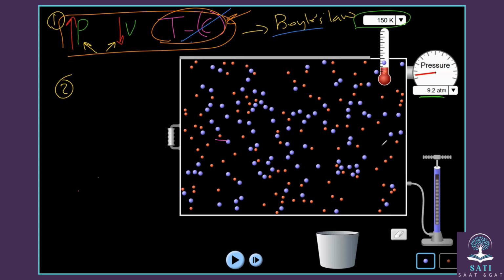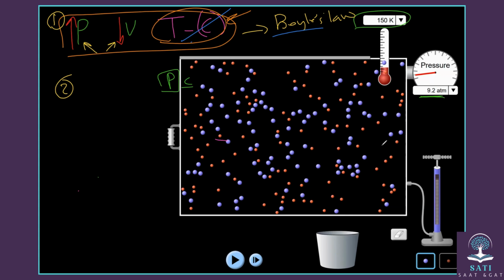The second case, as we said, in each case we need to make one of these three quantities, which are pressure, volume, and temperature, constant. In the second one, we're going to make the pressure constant. Pressure is constant.